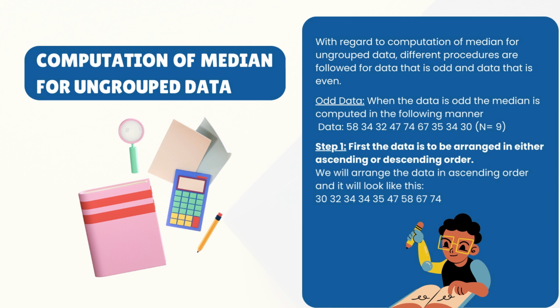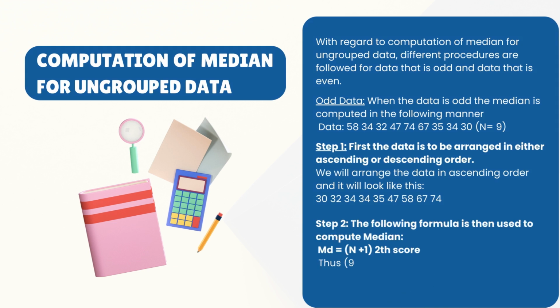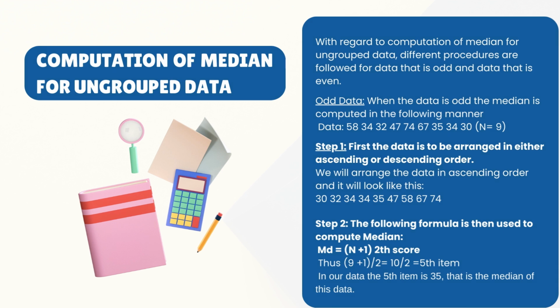In the second step, we identify the position of the 50 percentile or middle position, using the formula n plus 1 divided by 2. The (n plus 1) divided by 2 th score would be the position of the median score. For this example, n is 9, so the position is 9 plus 1 divided by 2, which is 10 divided by 2, equal to 5th.